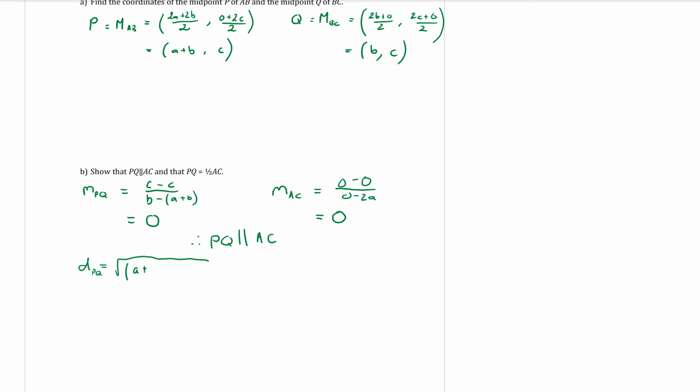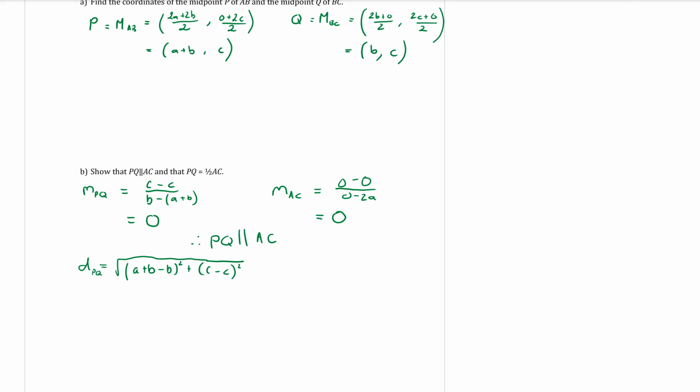A plus b minus b, because it doesn't matter as long as you start with the same one each time. So I'm going to start with this point because it subtracts nicer, that's all. So that x value minus that x value, then c minus c, subtracting the y values. So plus c minus c in brackets squared.